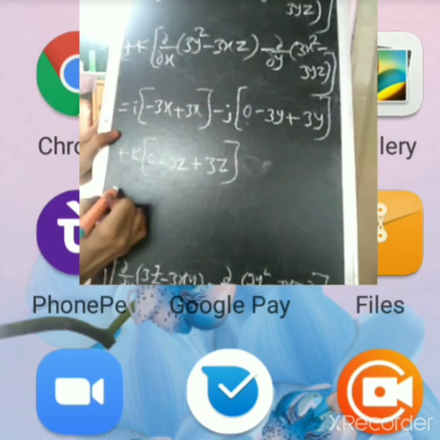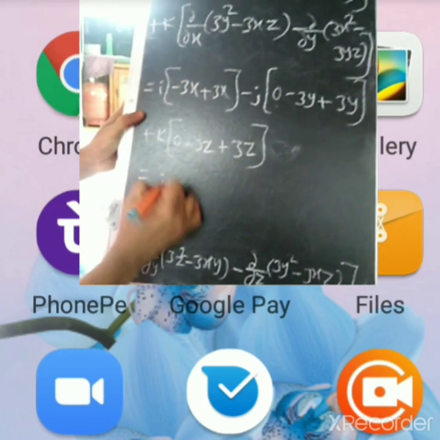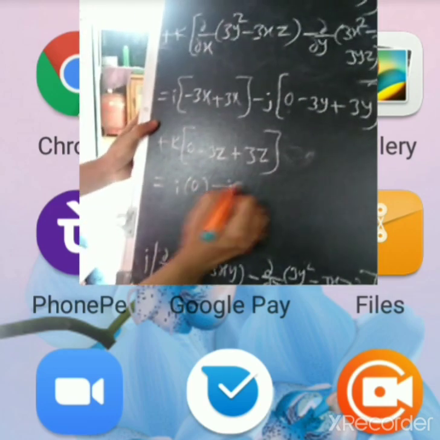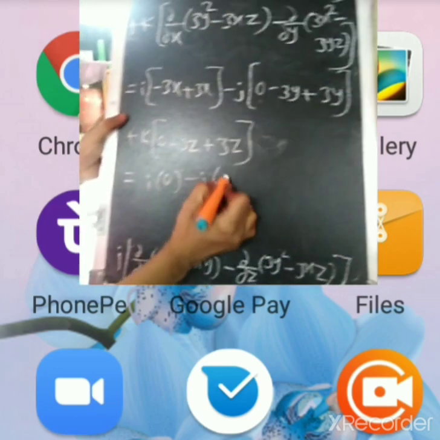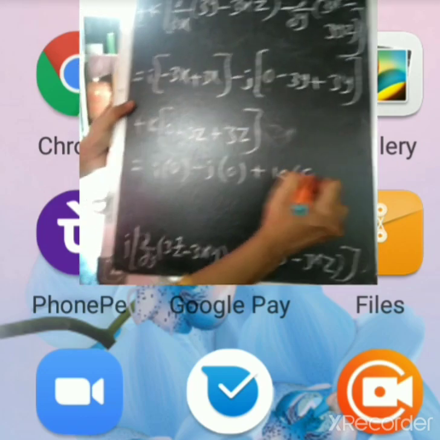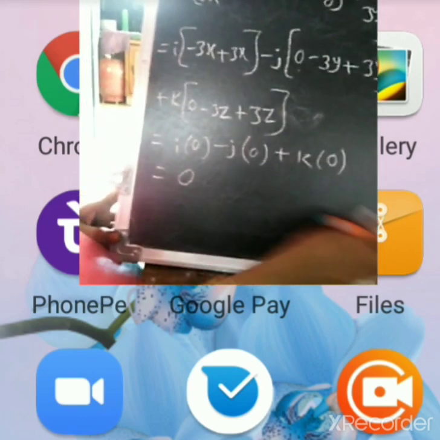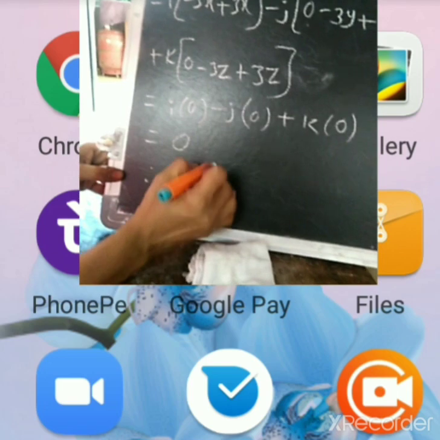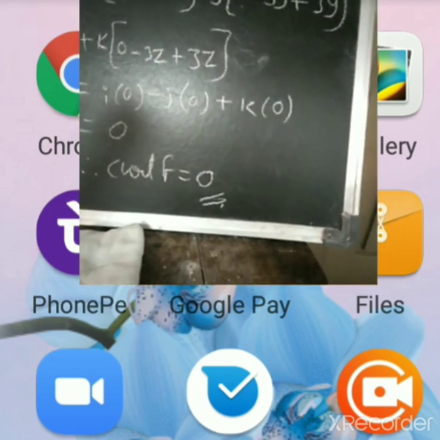So we can see that i into minus 3x plus 3x is 0, minus j into minus 3y plus 3y is 0, plus k into minus 3z plus 3z is 0. So therefore the total value is 0. Therefore we can prove that curl f is equal to 0. So this is the solution to the problem.